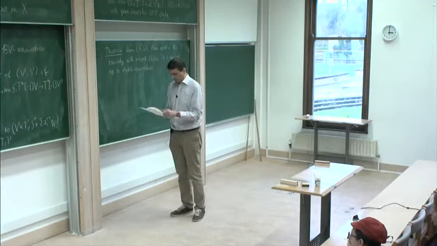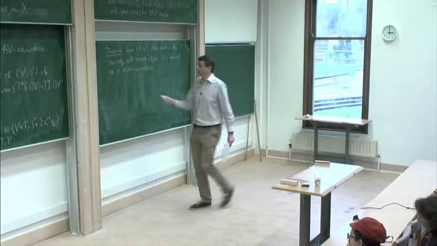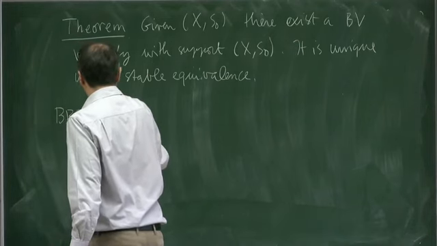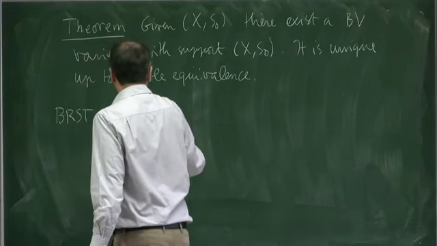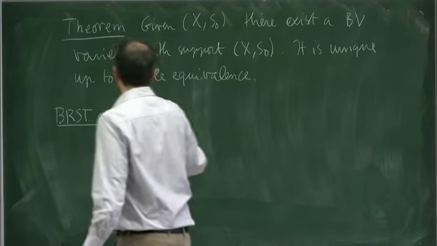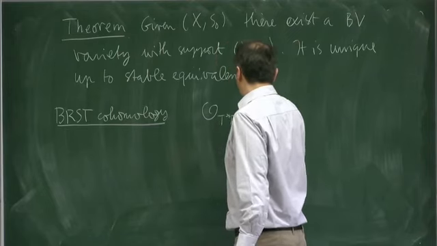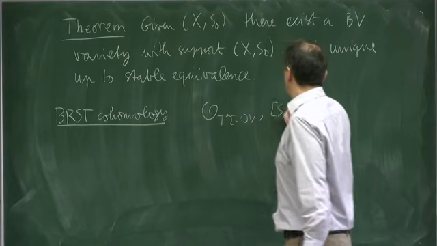So first of all, we have a filtration, and so we have a spectral sequence to compute the cohomology. This is about the BRST cohomology, which is the sheaf O of T star minus 1, with the bracket with S.